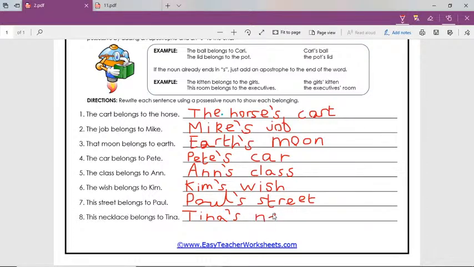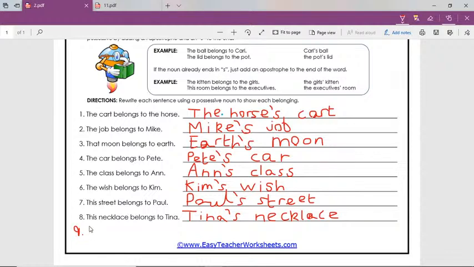Tina's necklace. Now in these examples we actually didn't get a case of something belonging to a plural. So I'll do a quick example. Instead of one person we can do people.